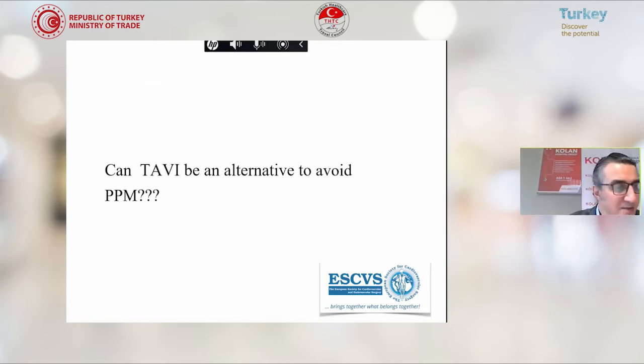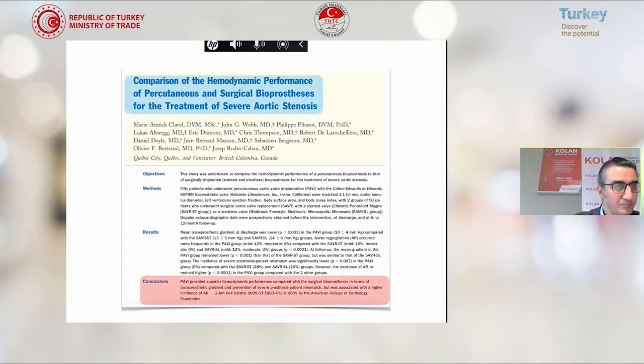Some recent studies have reported that valve hemodynamics are superior with transcatheter aortic valve implantation than surgical aortic valve replacement, especially in the subset of patients with a small aortic annulus. The study was published in JACC in 2009. They compared the hemodynamic performance in TAVI and surgical aortic valve replacement.